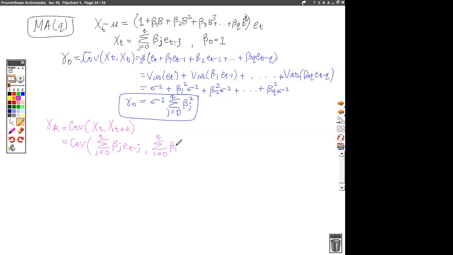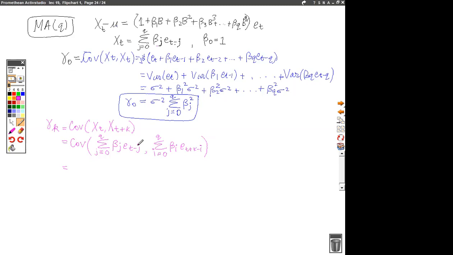So beta_i will be as it is, and e, instead of t, you write t plus k minus i. And now you are trying to figure out the covariance between these. So again, you have to consider the fact that only when the subscript for e here and the subscript for e here are the same, this is going to take a value which is not equal to 0, right?